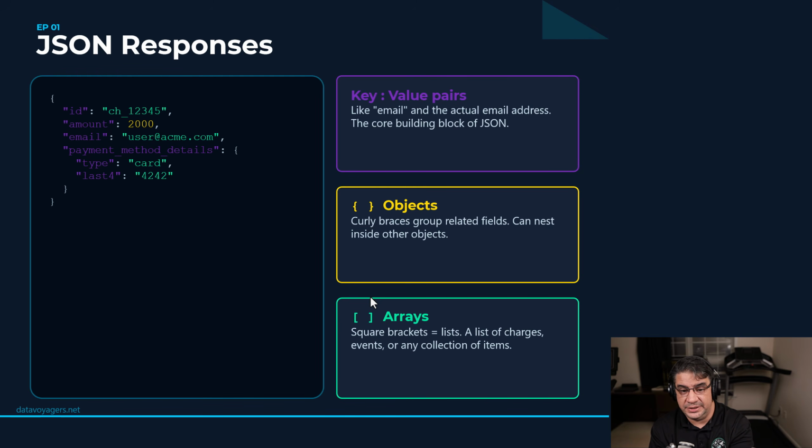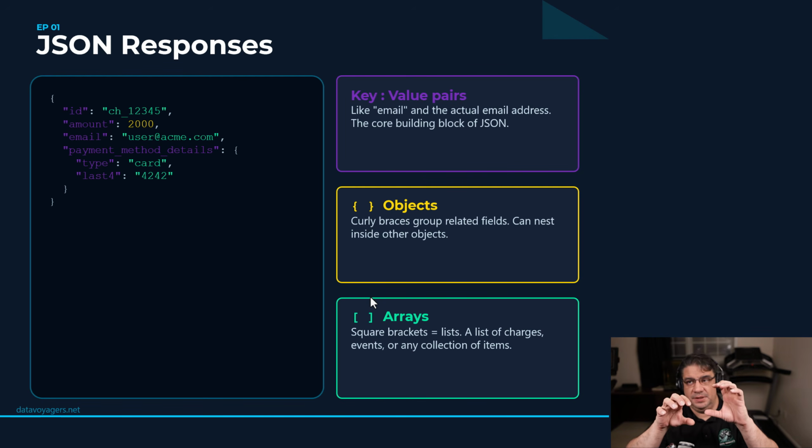And also objects. A good example there is the payment method. The payment method is an object inside of it, right? Then the payment method includes the type and the last four properties.